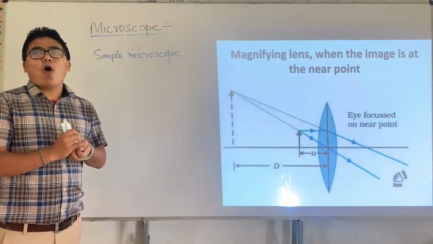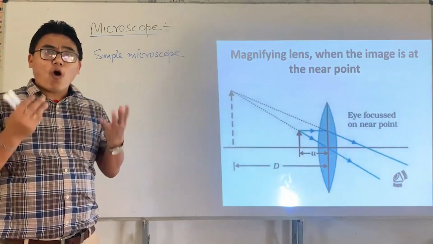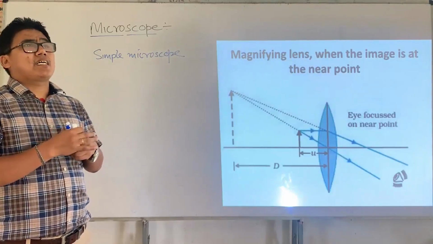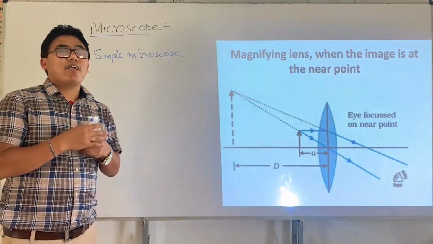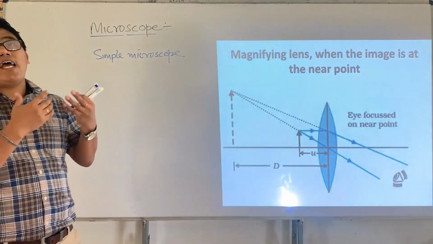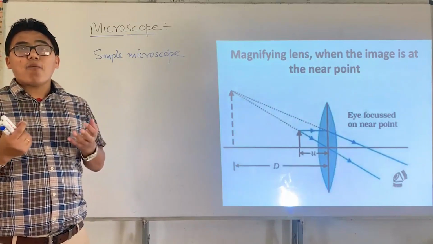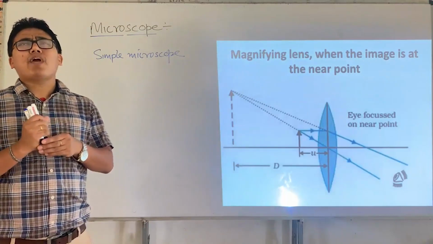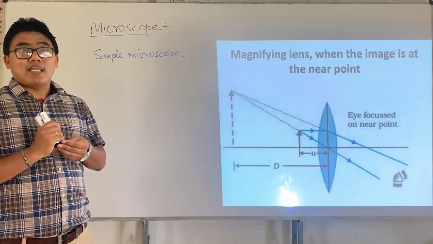Whenever we talk about optical instruments like the microscope and telescope, we normally discuss two important parameters, that is magnification, and then resolving power or resolution. These two parameters are essential for the microscope and telescope.